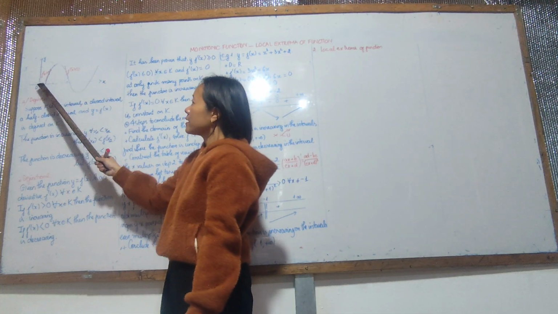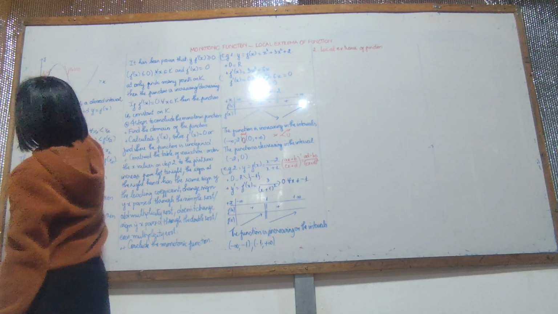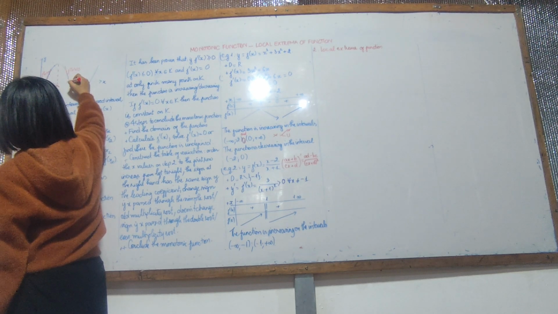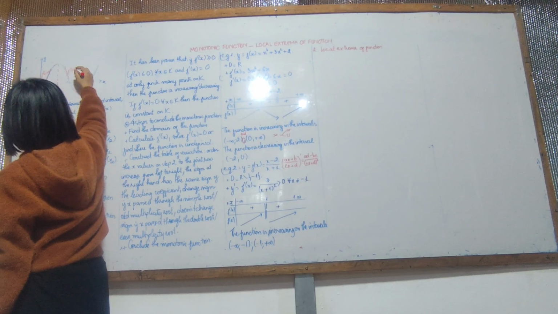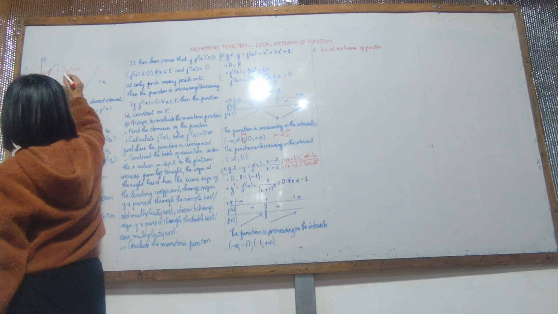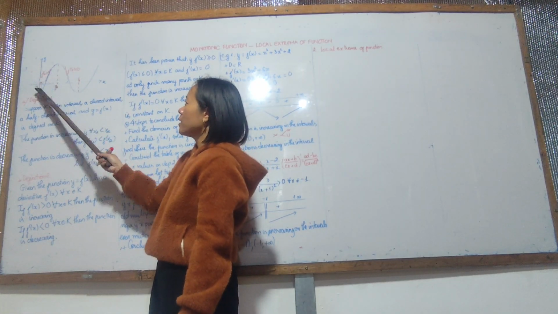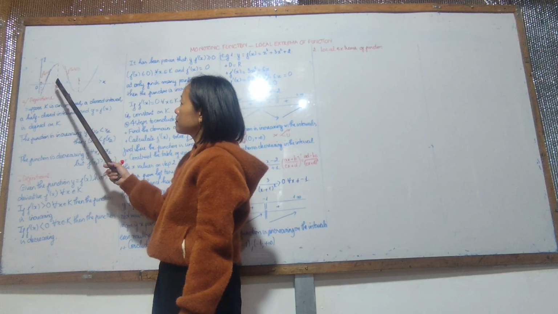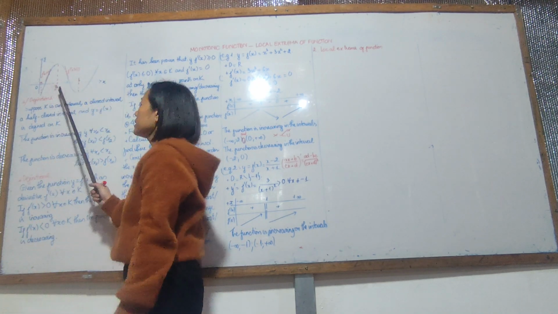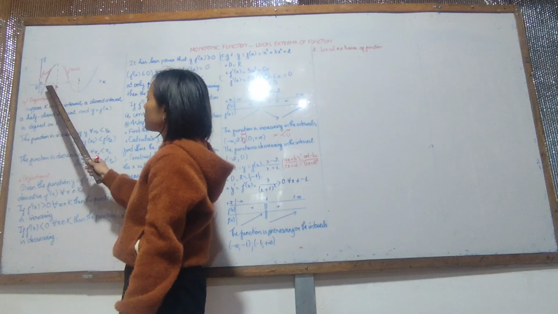We can see this. In this case, f prime of x is greater than 0 for all x belonging to (a, x0), and f prime of x is less than 0 for all x belonging to (x0, b).